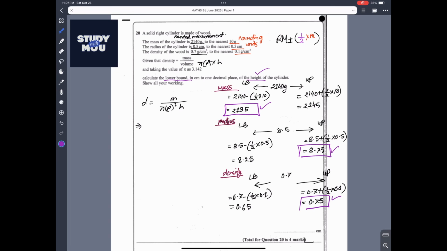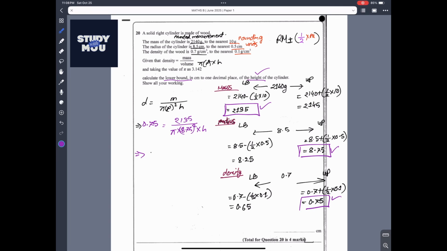Okay, so now our density 0.75 is equals to our mass 2135 divided by 3.142 multiplied by our radius 8.75 square, and we have h.